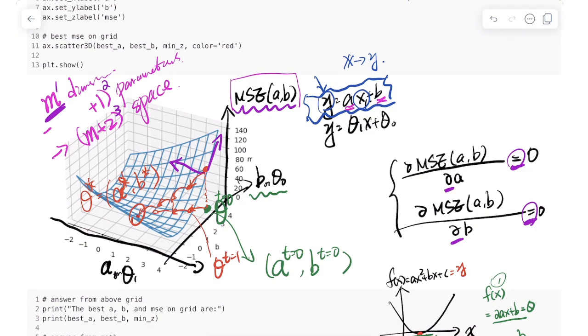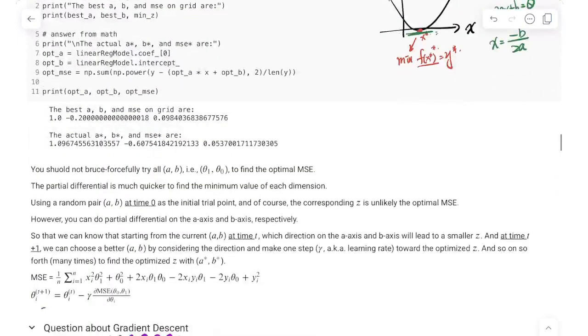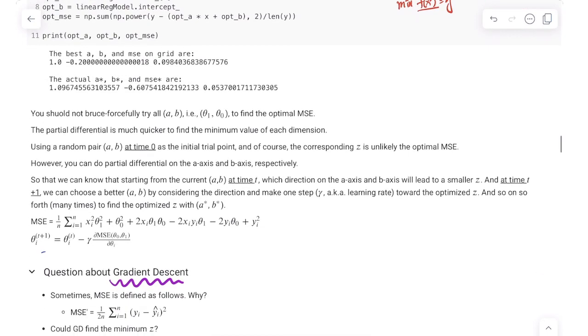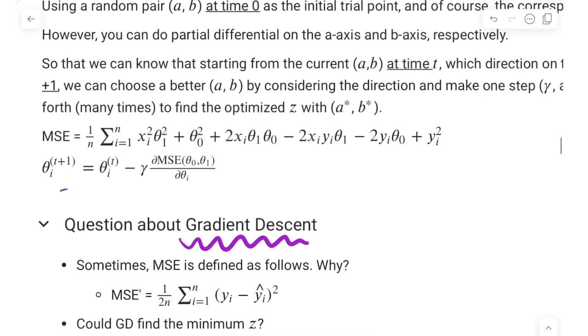So we use gradient descent to solve such kind of optimized parameter finding problems. Okay, so I'd like to show you how we interpret these things.